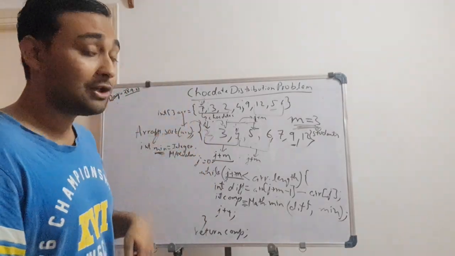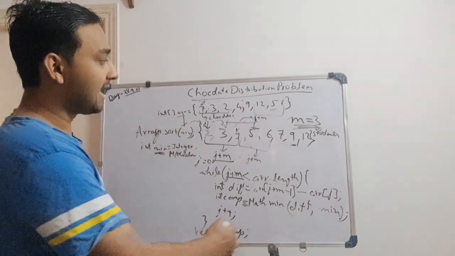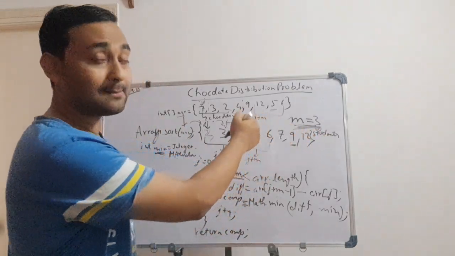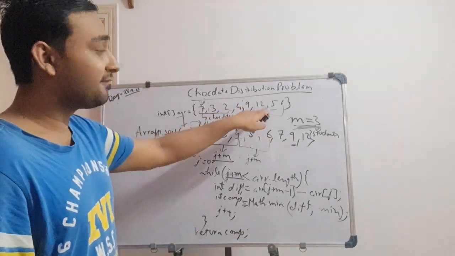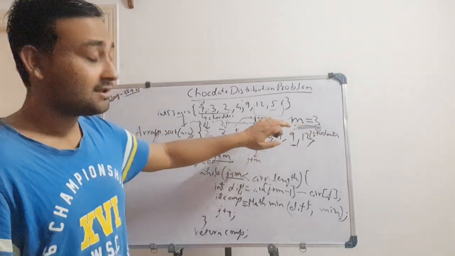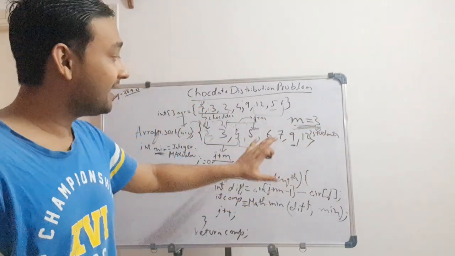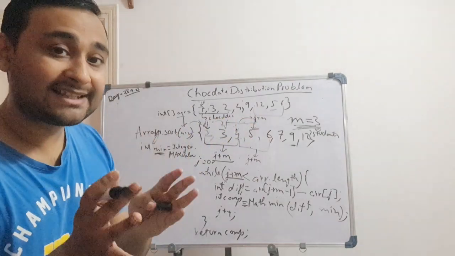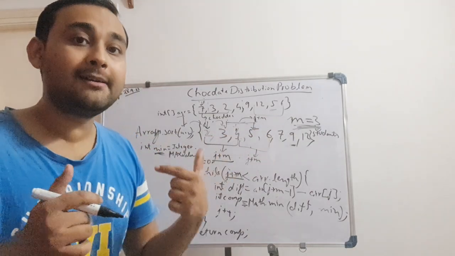So what values do we have to pass from the main method? From the main method we have to pass this array, and the number of students among which the chocolate needs to be distributed. These are the number of chocolates in a packet, and 3 is m, the students. These chocolates need to be distributed among these students, but in such a way that the difference between the maximum and the minimum in this window should be the minimum.